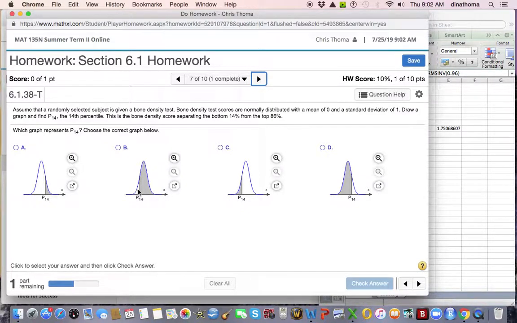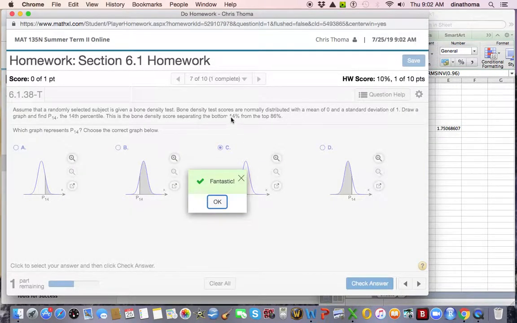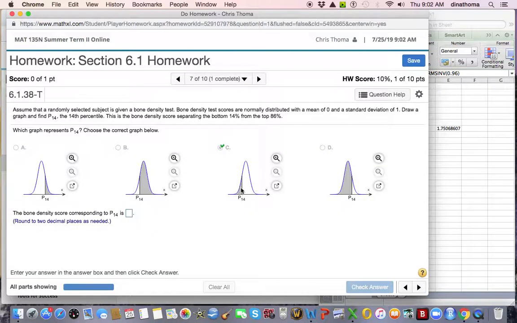Here's the bottom 14 and the top 86, right? However, it wants the bottom. So this is shaded the wrong side, so it should be this one. So you gotta be careful with that. Shaded is what you're looking for.